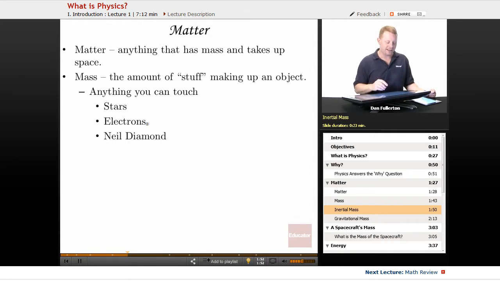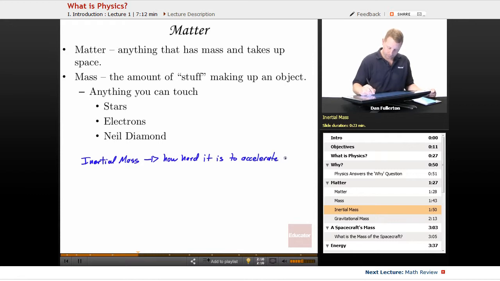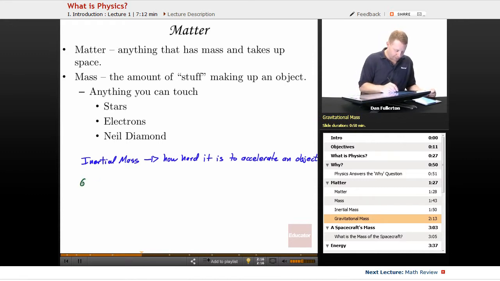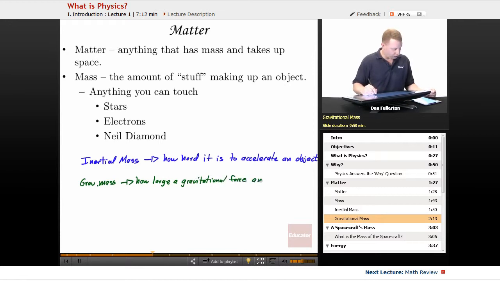And we're going to talk about two kinds of mass. We're going to talk about inertial mass, which is determined by how hard it is to accelerate an object. And we're going to be talking about gravitational mass, which refers to how large a gravitational force an object experiences.